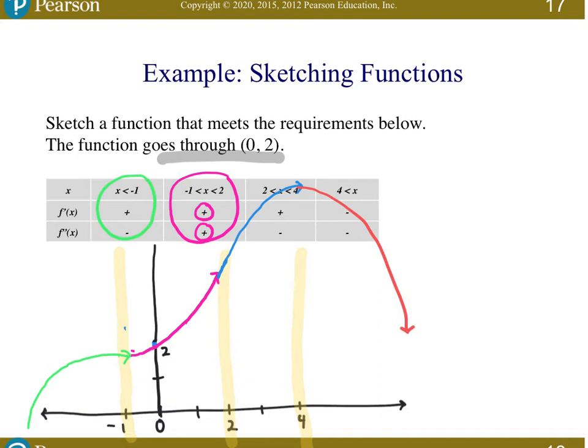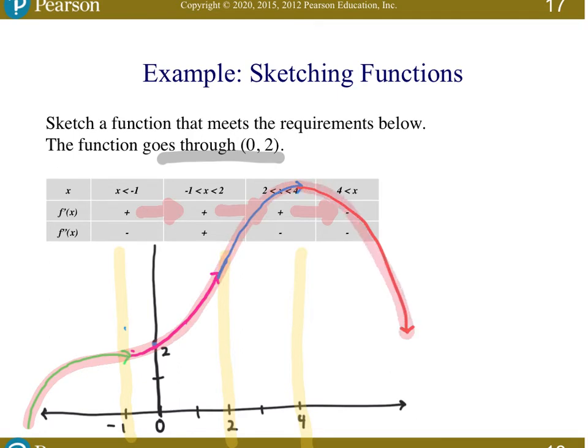Let's look at it overall just to double check. I need to go from increasing to increasing, and then increasing some more, and then switch to decreasing. So let's double check. I was increasing, increasing some more, and then I finally switched to decreasing. So that is a possibility that meets all of the requirements.